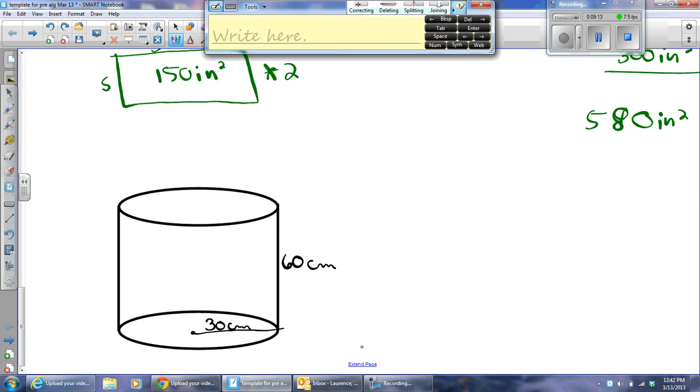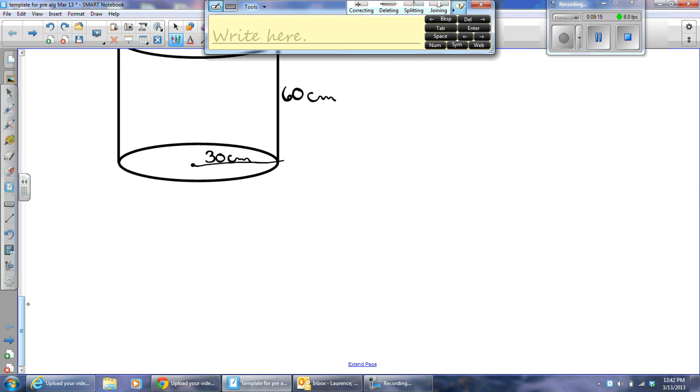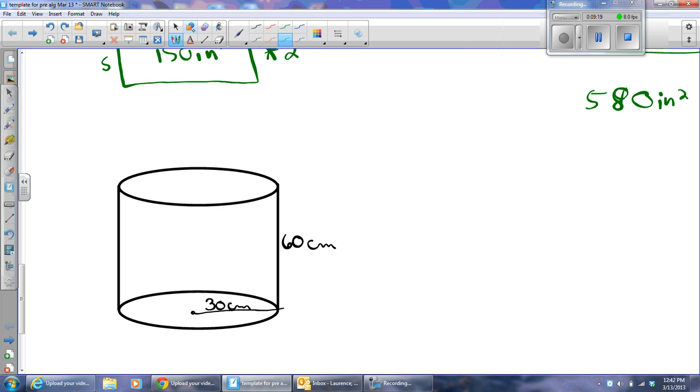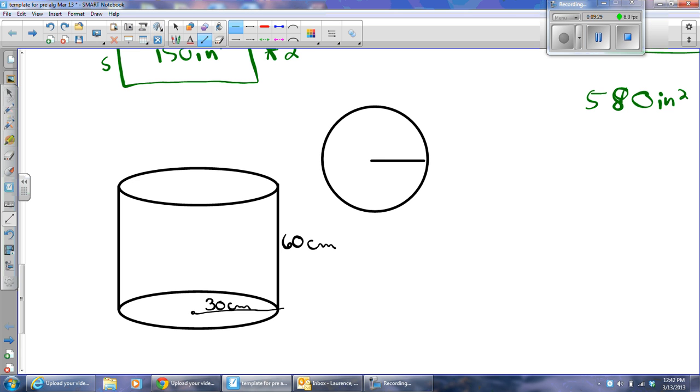Now finally, we have to do the cylinder. And remember, the cylinder is made up of 2 circles, right? So we're going to have 2 circles, and they each have a radius of, what is that, 30 centimeters? So 30 centimeters. So the area of a circle is pi times a radius squared.